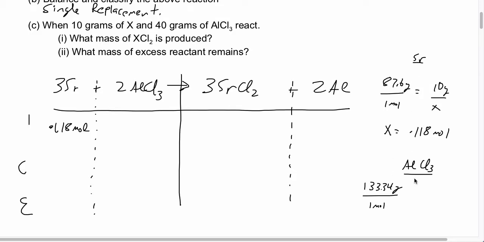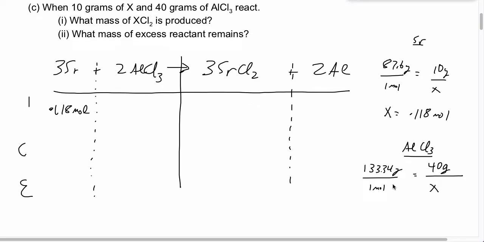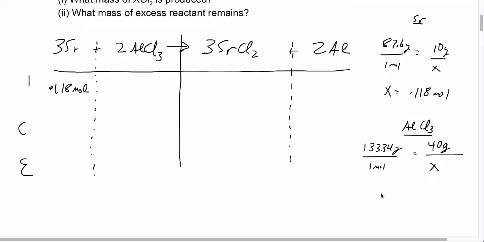Remember, the molar mass is always on this side. It's equal to 40 grams per every X moles. So X equals 40 divided by 133.34. That equals 0.300. So this is 0.300 moles.